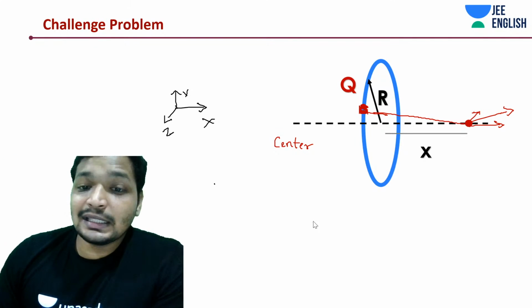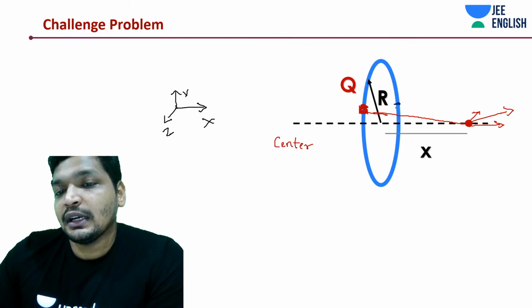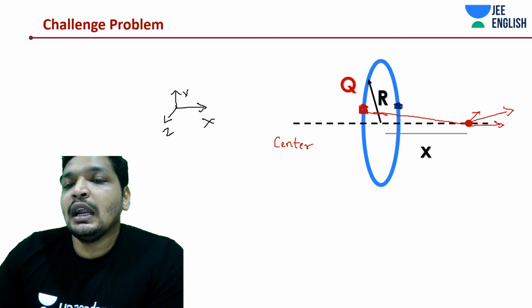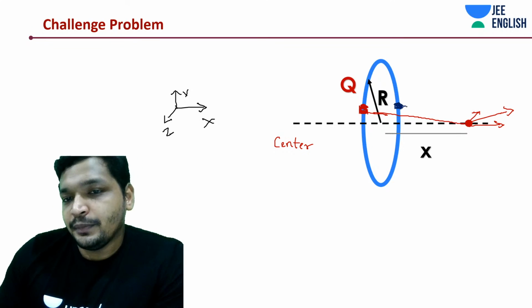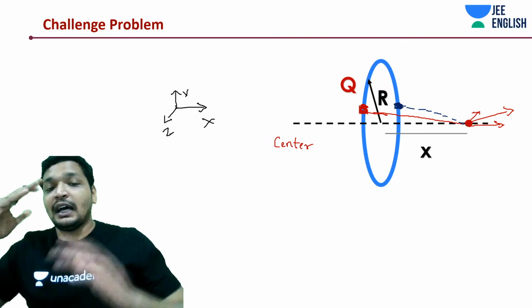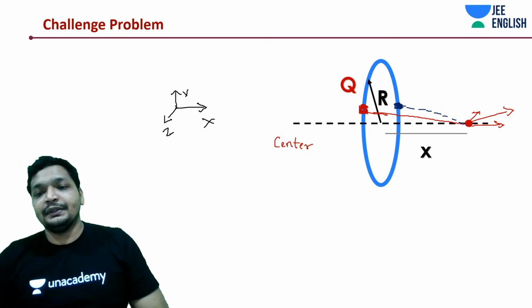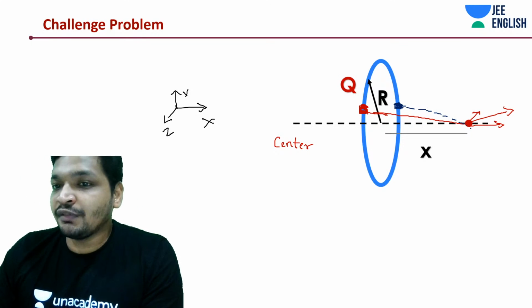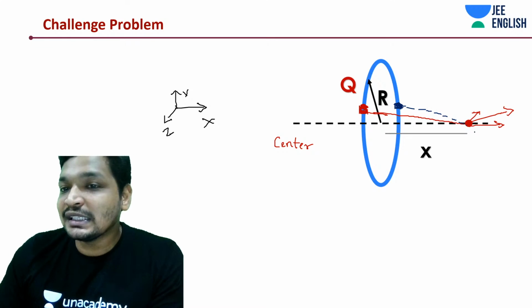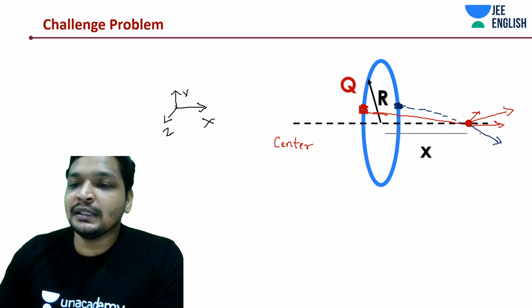Let's take a symmetrical component and move about it. I'm going to take a symmetrical component like this, coming from the other side of the ring. If this is one side, this is the other side. Now we are just dealing with the x and z part, but eventually you can also think about the x and y part. I'll come to that part. That part is very simple.